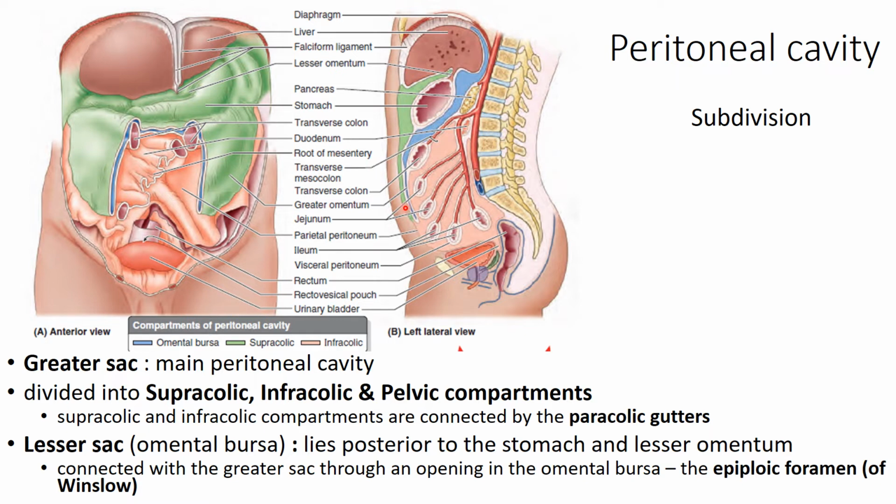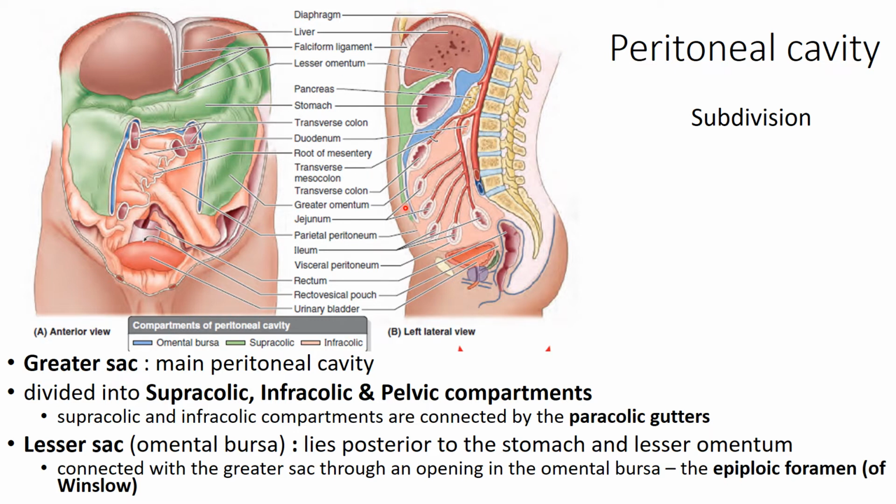Now the greater sac is divided by the transverse colon and the attachment of the transverse mesocolon into supracolic and infracolic compartments, and there is a lower portion which is the pelvic compartment inside the true pelvis. The pelvic compartment has already been discussed in the previous lecture.